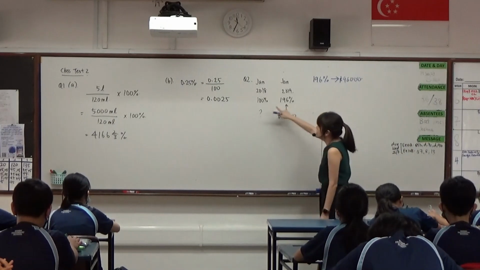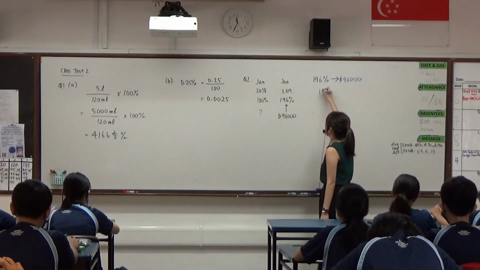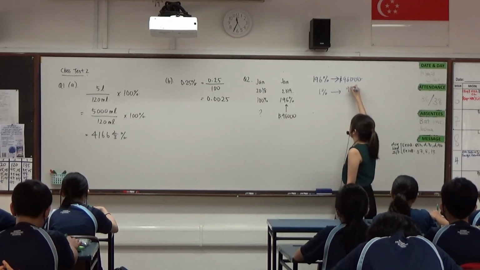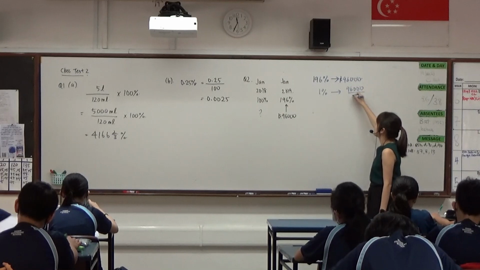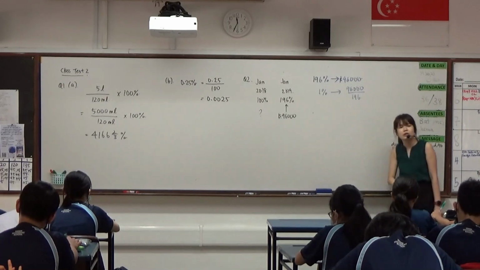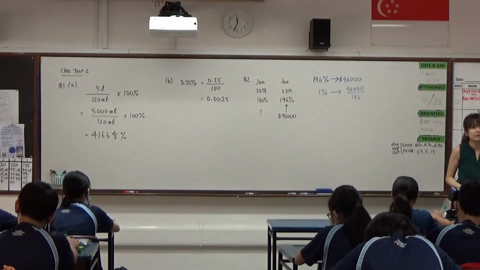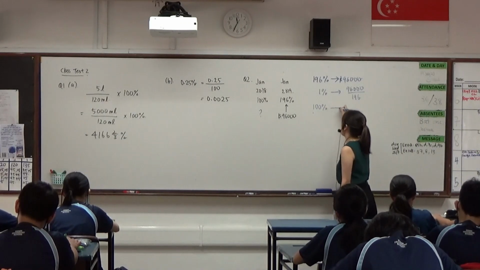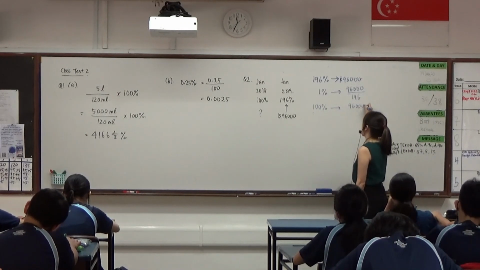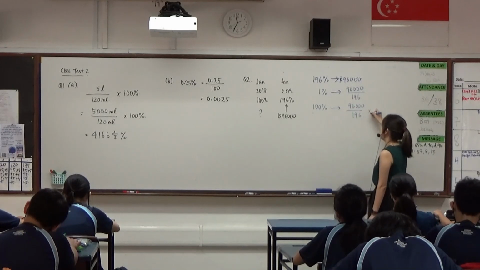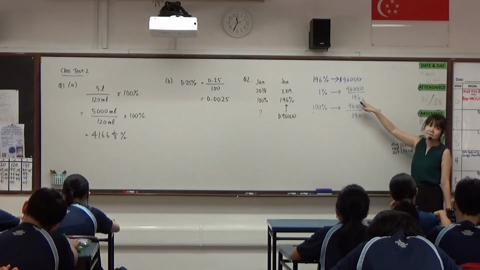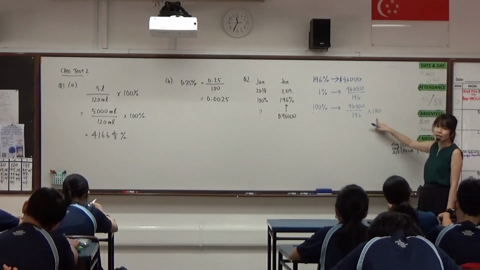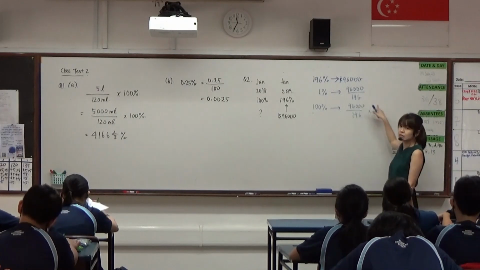Because I want to find 100%, you can find out what is 1% first. That will be 96,000 divided by 196. You don't need to bother to simplify this. Take this number to find out what is 100% by multiplying by 100. I'm dividing by 196 and times 100. There are no percentage signs with it.